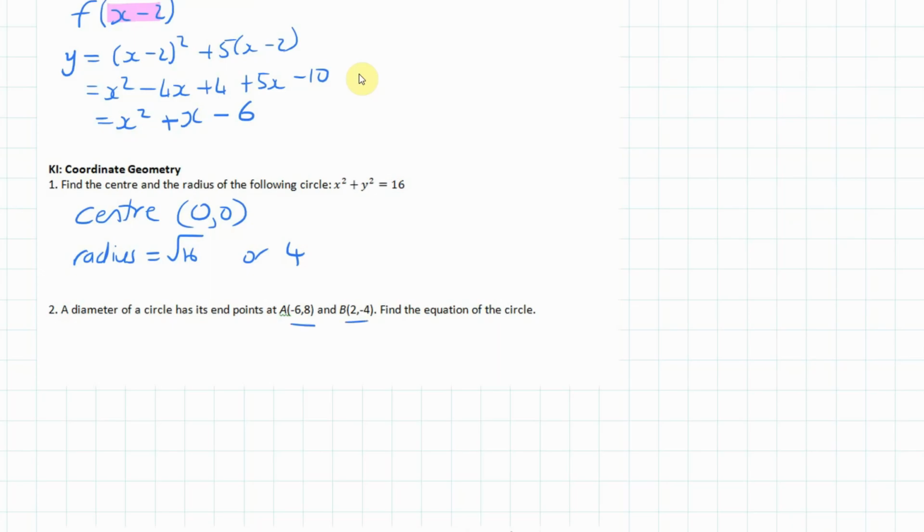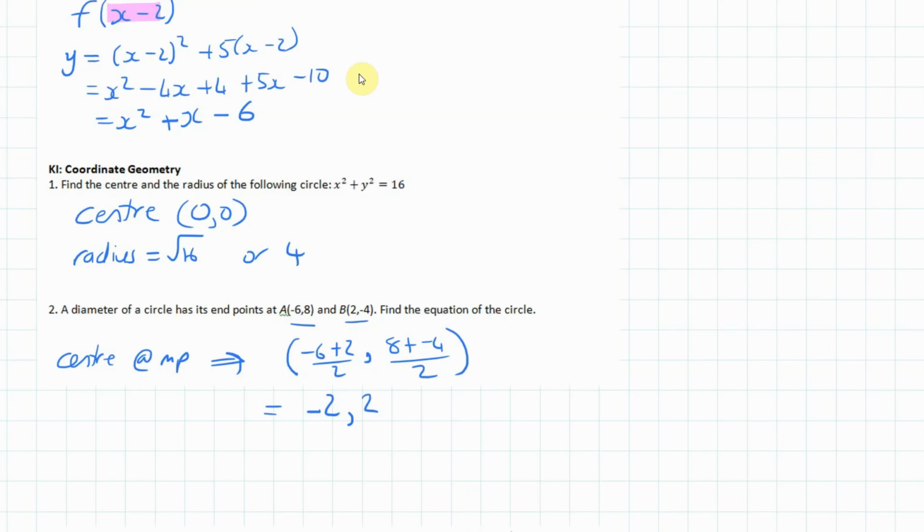Okay, well, we want to find the center point. So, the center is at the midpoint of those two, since they're the ends of a diameter. So, we're going to go negative 6 plus 2, divide by 2, and 8 plus negative 4, divide by 2. That equals negative 4 over 2, which is negative 2, and positive 4 over 2 is 2.